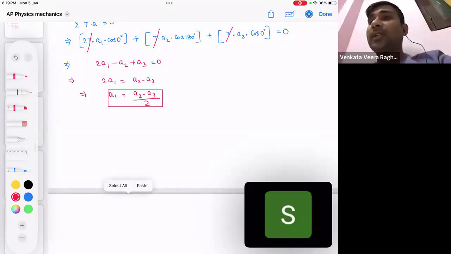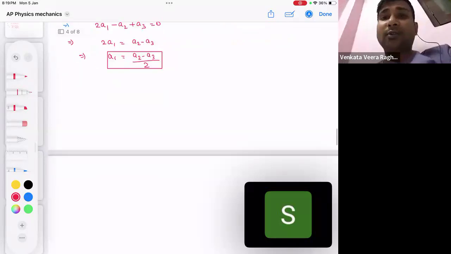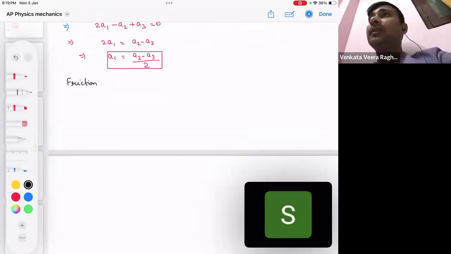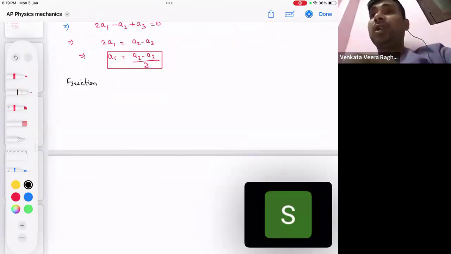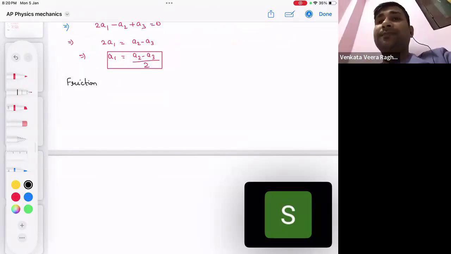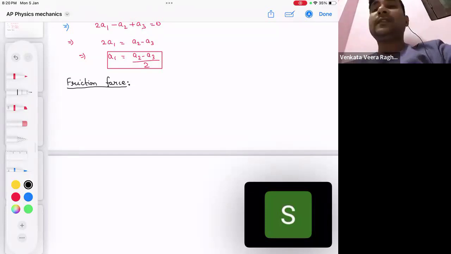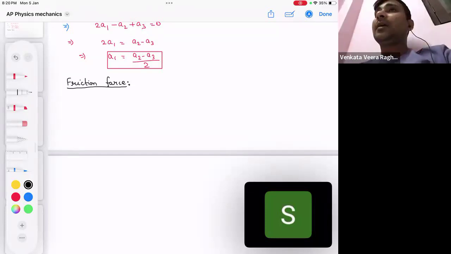Till now we have covered tension, normal, spring, and gravitational force, right? Gravitational force we will discuss in much more detail, like Newton's law of gravitation and gravitational field. But right now, let's focus on the friction force.